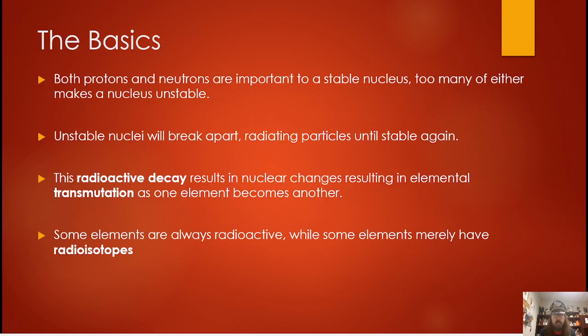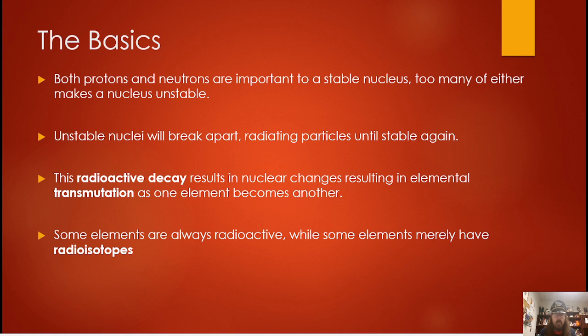Now the basics. The idea here is that protons cannot just be stacked together willy-nilly. They are highly positively charged, and to stick them too close to each other would create a massive instability where they would fling each other away, repulsion. So neutrons are needed to stabilize most nuclei.